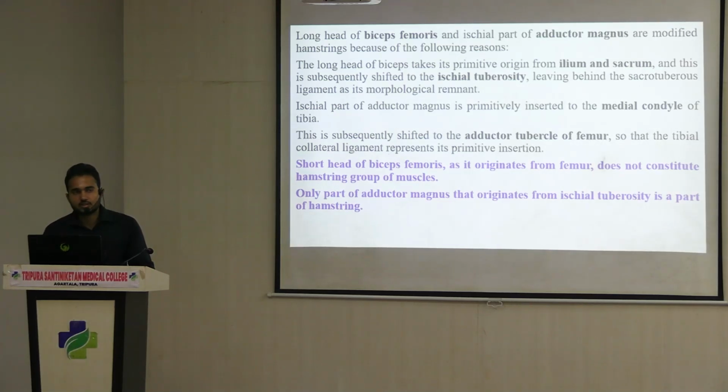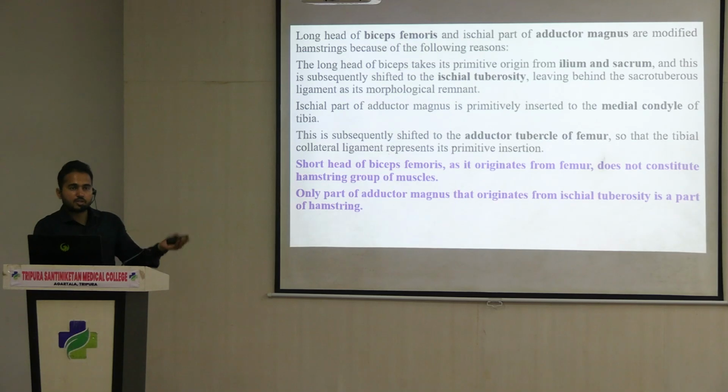Why these are modified hamstrings? And this answer lies in the origin and insertion of these particular muscles. Okay, so if you see the long head of the biceps, the primitive origin is from the ilium and sacrum, and subsequently this is shifted to the ischial tuberosity.